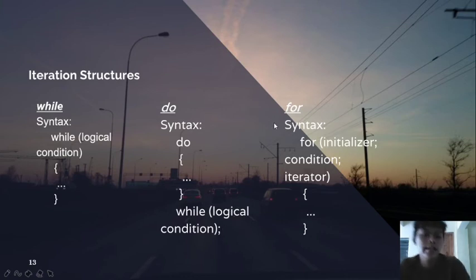For the for loop, the syntax is for, then initializer, semicolon, condition, then iterator.